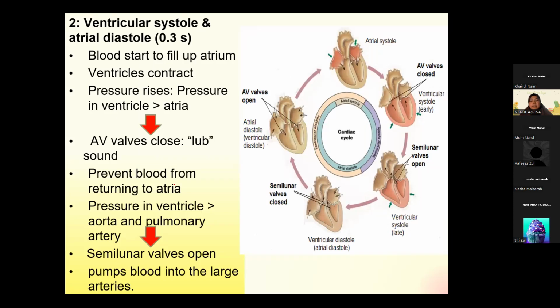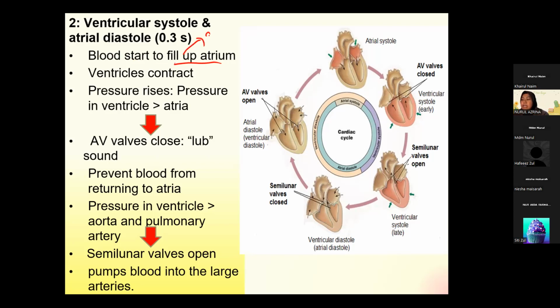Second stage. Ventricular systole and atrial diastole, 0.3 second. The ventricle will contract, the atria will relax. So what happened? Blood will start to fill up the atrium. Remember why blood starts to fill up the atrium?